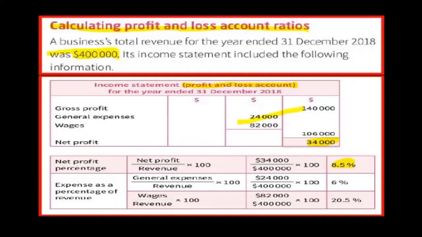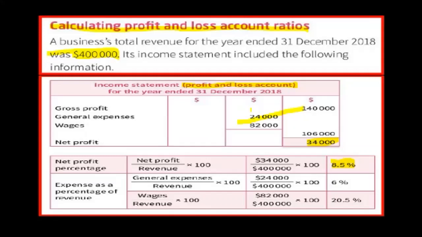What this means is our net profit works out to be 8.5% of our sales. We can look at it another way as well: $8.50 on every $100 of sales or revenue that we make.